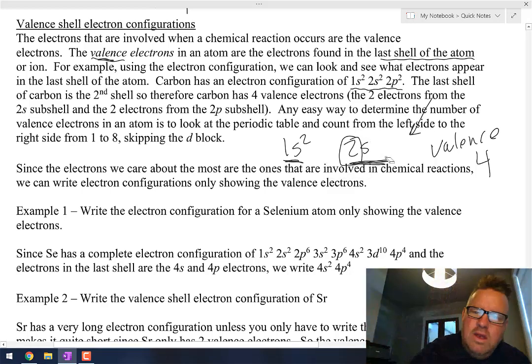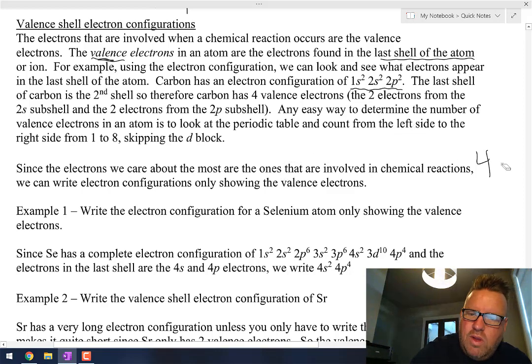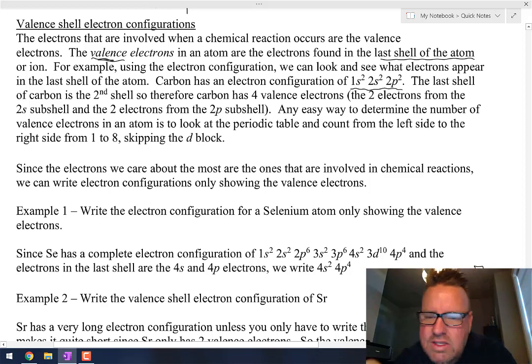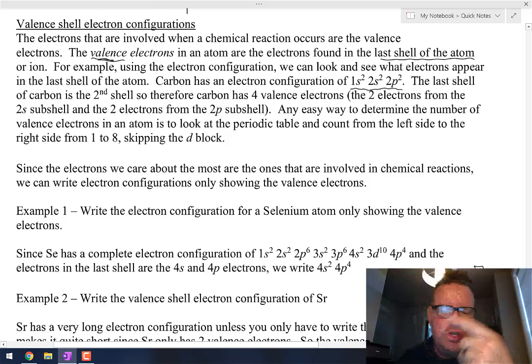Now, a lot of times, how am I supposed to know how many valence electrons an atom has? Typically, you can simply use the periodic table. Looking at a periodic table, every single element in this very first column ends in 1s1 or 2s1 or 3s1 or 4s1, etc. They all end in s1.